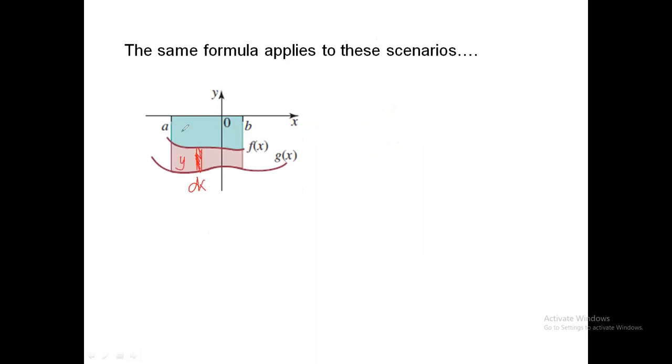So still the same principle. So area is equal to this f of x minus g of x dx. Interval is from a to b. So you start with x equal to a and end with x equal to b.